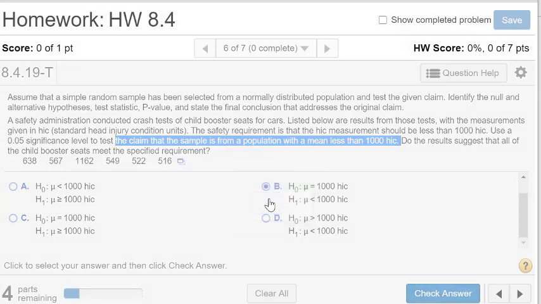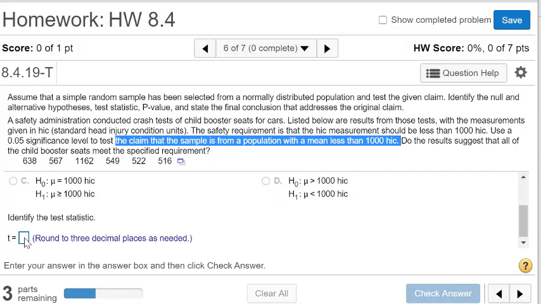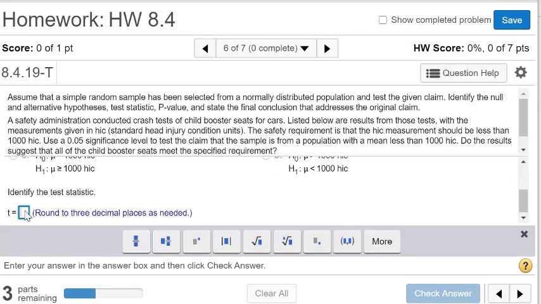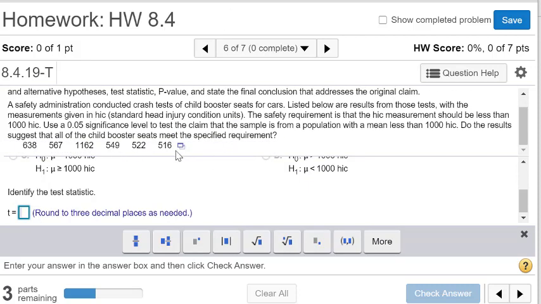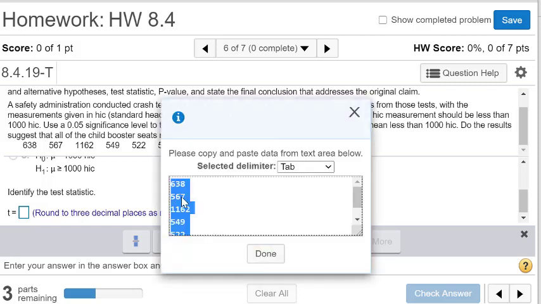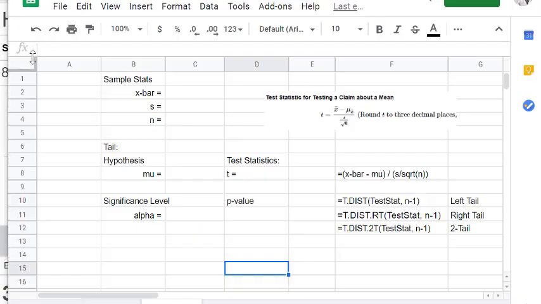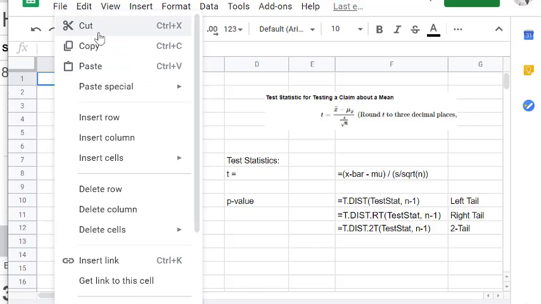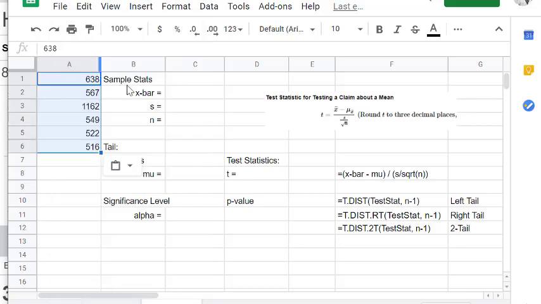Okay. So now we want to find the test statistic, the p-value, and everything else. For this, we're going to go to Google Sheets, and since we have the data set here, we'll go ahead and copy this onto the clipboard and paste it onto our Google Sheets. Now, I have some information ready here because this is some of the information that we're going to need.